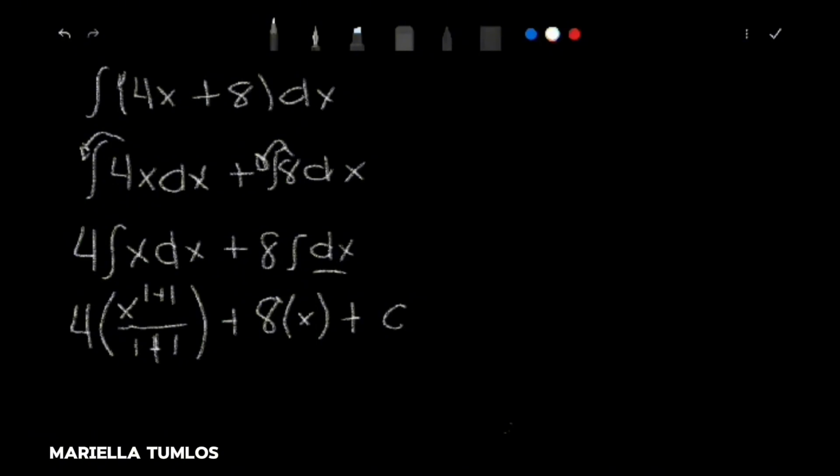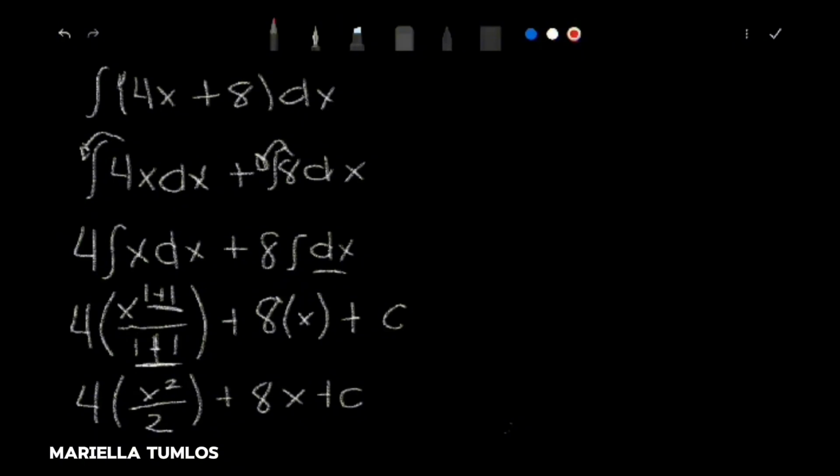And after that, we can already simplify the integral of our function. So we just need to write the 4 times x squared over 2 plus 8x plus the constant of integration.